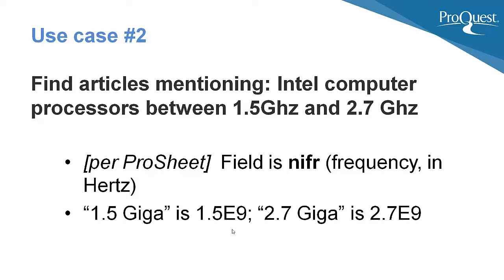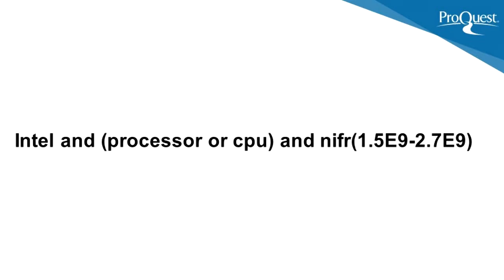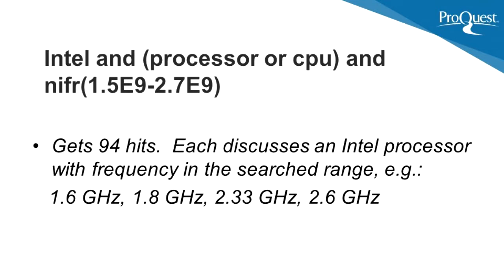So knowing that, here's how we would put that search together. We can search for Intel and processor or CPU and NIFR, parentheses, 1.5E9 hyphen 2.7E9. So I ran that search not long ago, and I got 94 hits.